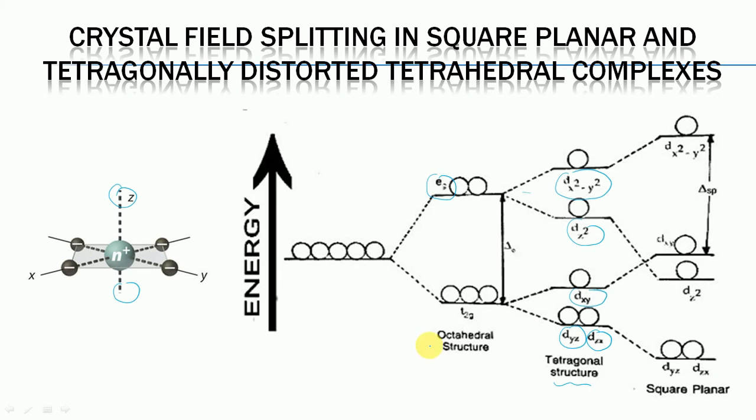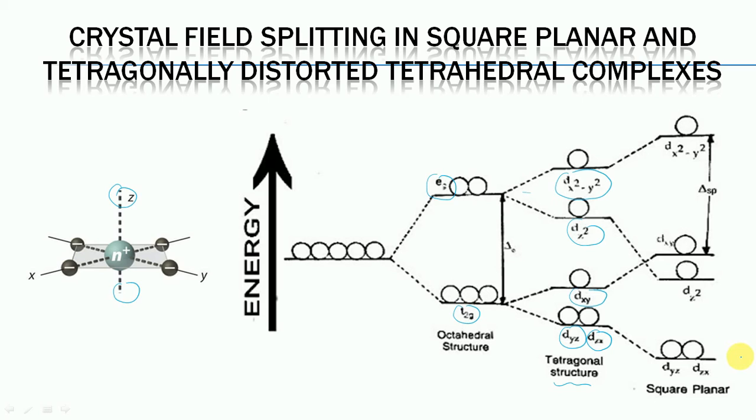Similarly, the T2g orbitals can also split into dyz and dzx, which will have lesser energy and be more stable, and dxy, which is less stable and has higher energy.